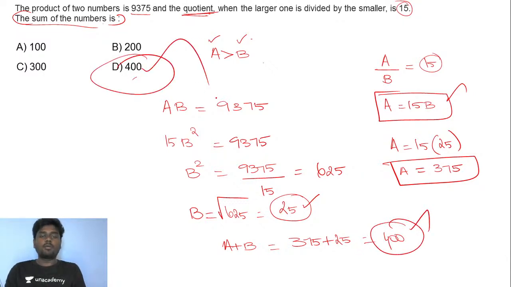The answer is option D. 400 is the sum of the numbers. Very simple question, nothing to complicate here. Yeah, we'll quickly jump into the next question, guys.